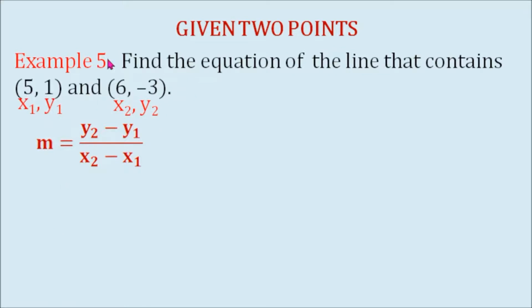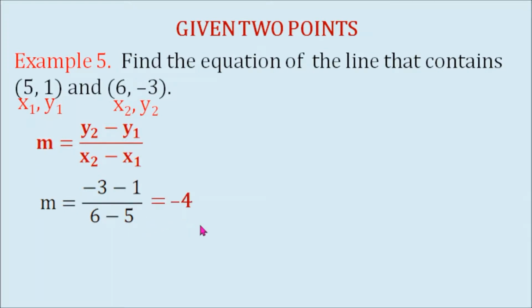Substituting these numbers to our formula, we have m equals -3 minus 1, that's y sub 2 minus y sub 1, over 6 minus 5, that's x sub 2 minus x sub 1. -3 minus 1 is -4, and 6 minus 5 is 1.